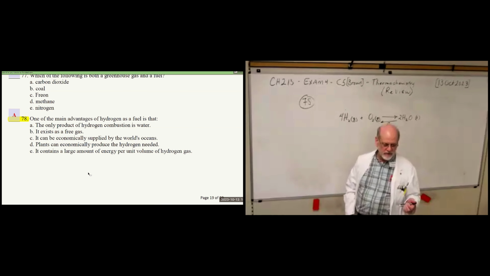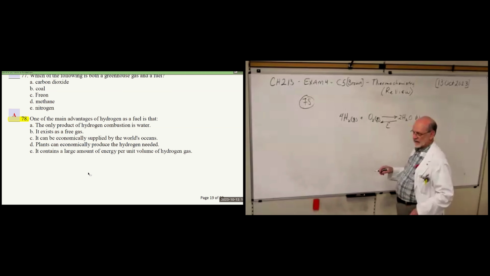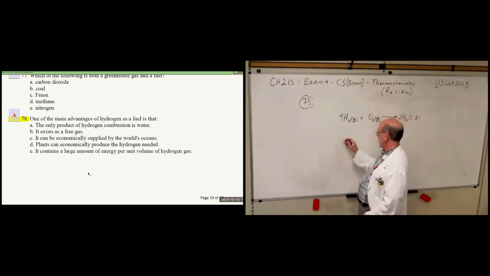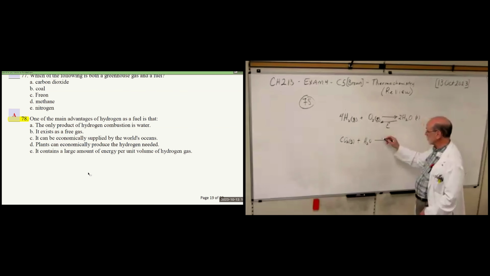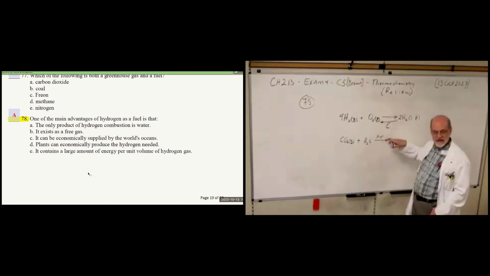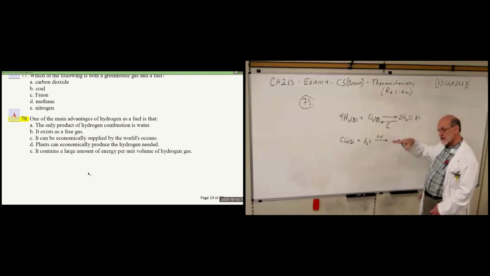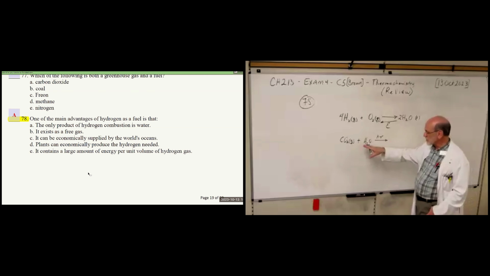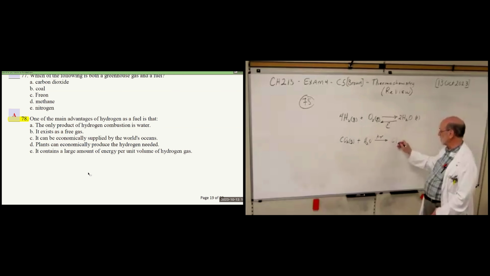Plants can economically produce hydrogen. No. Plants do one thing. They take carbon dioxide from the air, they combine it with water, using, well, most of them, the green plants, they use h-nu. Remember that one? Energy. They use energy from the sun to break bonds and reconnect them, and they make carbohydrates.